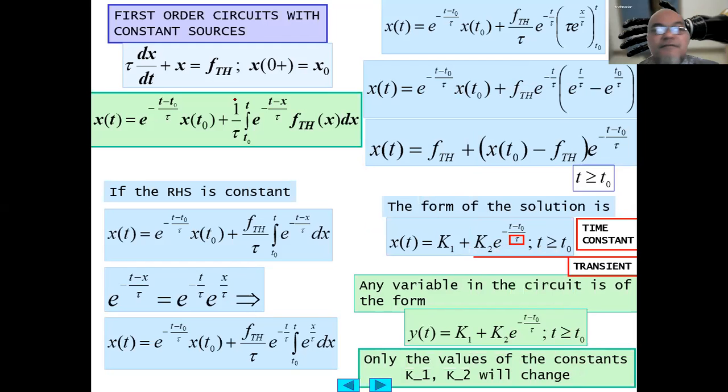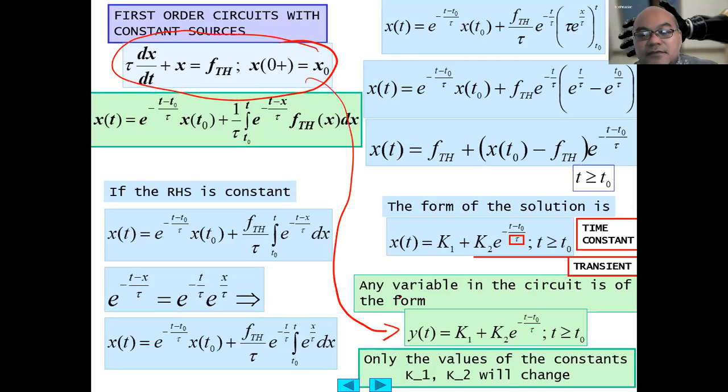In summary, we first express the ordinary differential equation of a circuit containing a single energy storage element with a constant source in this form.